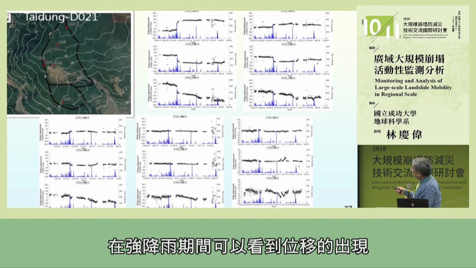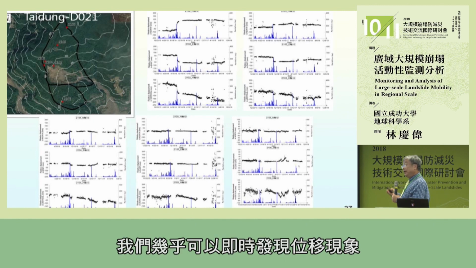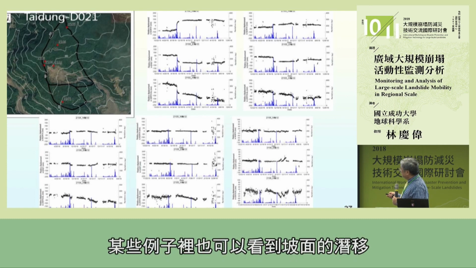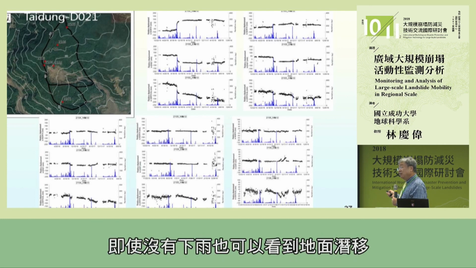During some heavy rainfall events, we can see the displacement, and we can catch the displacement almost in near real time. In this case, we also see creeping behavior in some cases, even without heavy rainfall, where we see creeping of the surface.